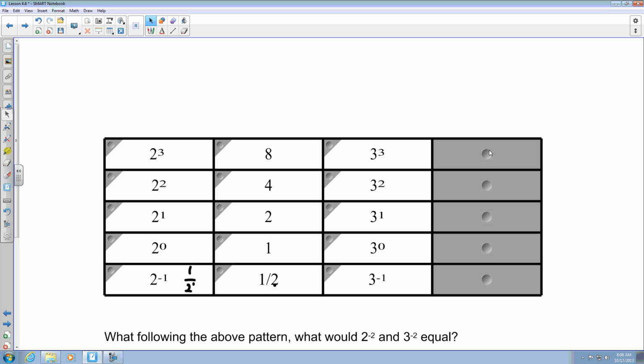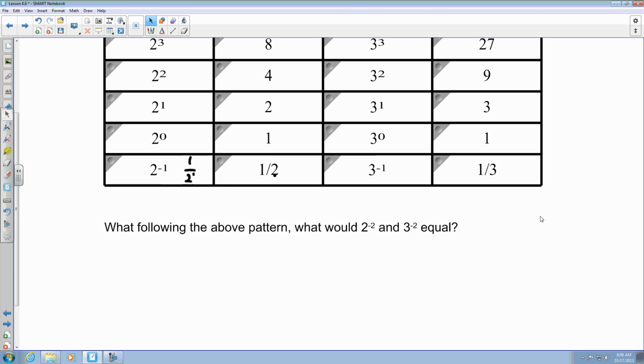Looking at 3, 3 to the third power is 27. 3 squared is 9. 3 to the first power is 3. 3 to the 0 power will be 1. And 3 to the negative 1 power is going to be 1 over 3, because when we make it positive, we're going to bring the exponent down to the denominator.